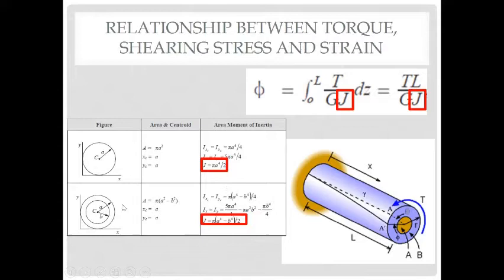So in essence, since the diameter for the inner is B, it'd be pi A to the 4 divided by 2 minus pi B to the 4 divided by 2. And that relationship, if you reduce it down a little bit, you should get this relationship here. But I think it's easier just to think, if you want to do it for a hollow part, a cylindrical pipe, just get J for the outer section, get J for the inner section, and subtract the two.